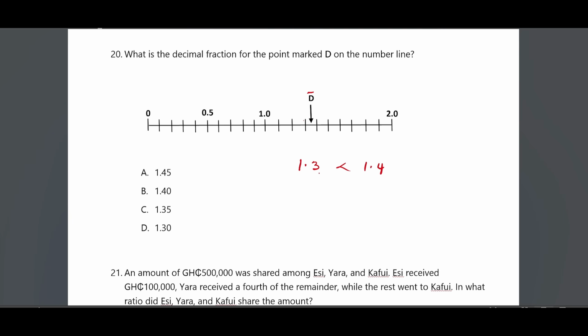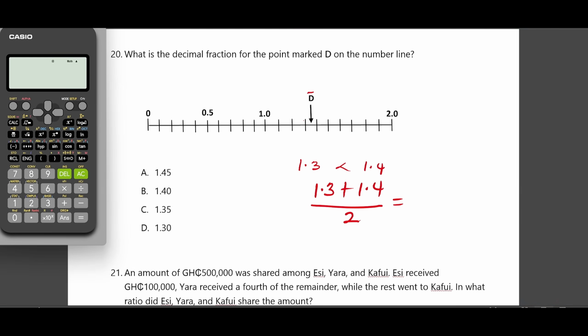We can simply find the average: 1.3 plus 1.4 divided by 2. That will give you the decimal fraction for the point marked D, halfway between 1.3 and 1.4.